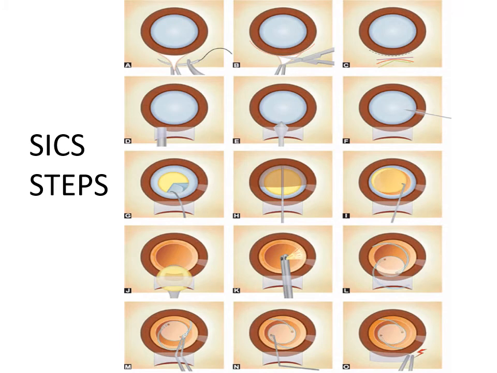First, you can see the superior rectus bridle suture, then the conjunctival flap, then the scleral incision. After that, the sclerocorneal tunnel is made, then entry into the anterior chamber. And here you can see the side port entry at the 9 o'clock position. Then CCC is done, the continuous curvilinear capsulorhexis.